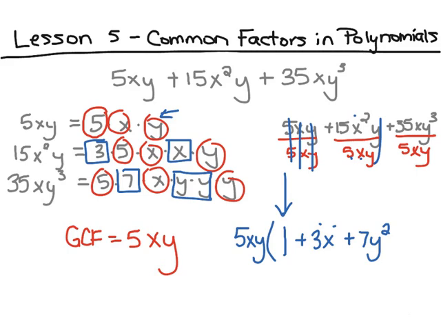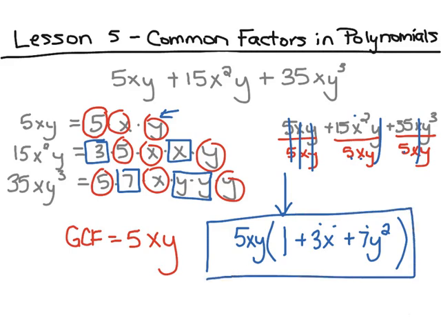So 35 divided by 5 is 7, x's cancel, and you'll have y cubed, 3 minus 1 is 2. So this is your final factored polynomial, and it can't get any smaller.